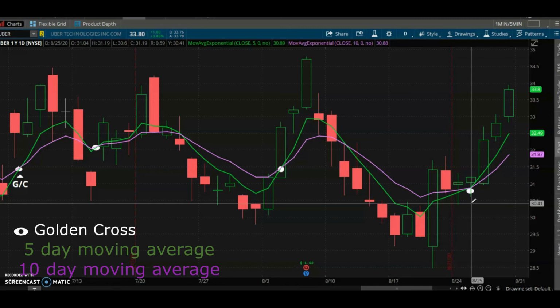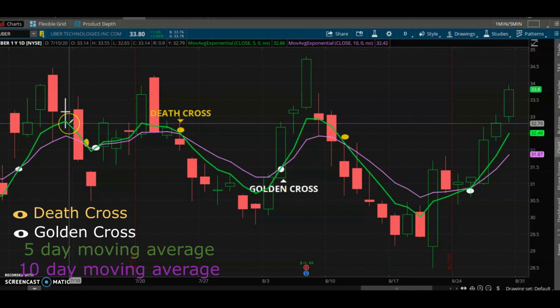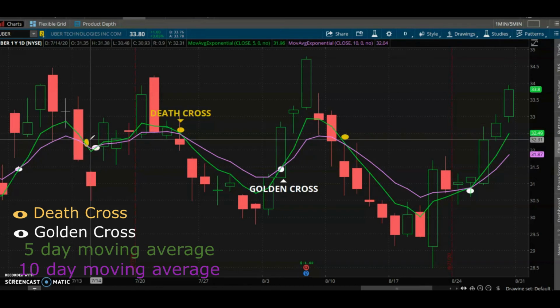Looking at the points at which the green line crosses down below the purple line, so now we have the 5-day crossing below the 10-day, then we have what we would call the death cross.